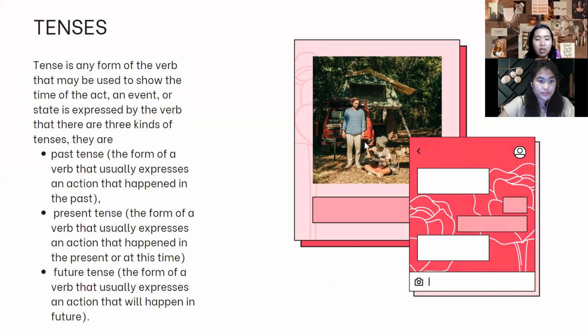Second is present tense, which is the form of a verb that usually expresses an action that happens in the present or at this time. And the third, or the last, is future tense. Future tense is the form of the verb that usually expresses an action that will happen in the future. Next.